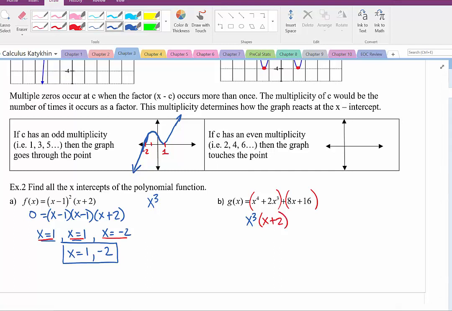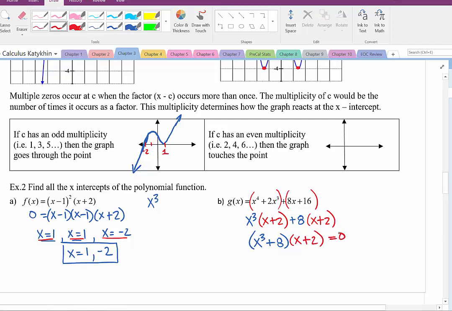Now from the second, I can factor out a positive 8, which would leave me with x plus 2. And as you can see, this factors to x to the third plus 8. That's going to be my one factor, and my second factor is going to be x plus 2.